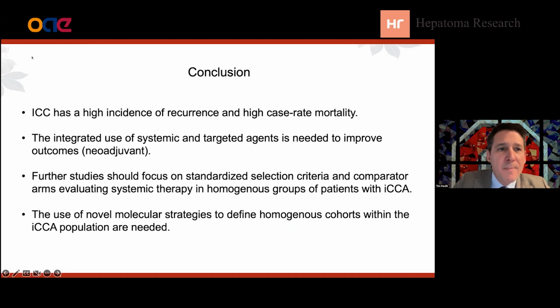So again, I want to thank Professor Donadon and Ramadori for the opportunity this morning. Hopefully what I've shared with you is that over the last 10 to 20 years working with our consortium, we've demonstrated that intrahepatic cholangiocarcinoma has significantly increased in incidence, and that it is a tumor with a grave prognosis, even despite curative intent, margin negative resections.